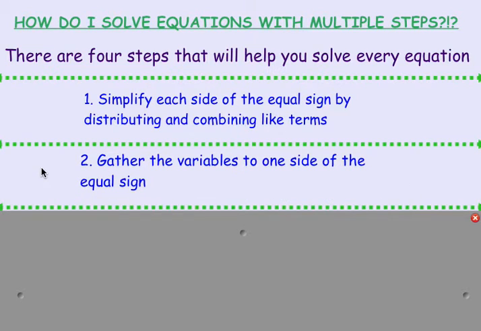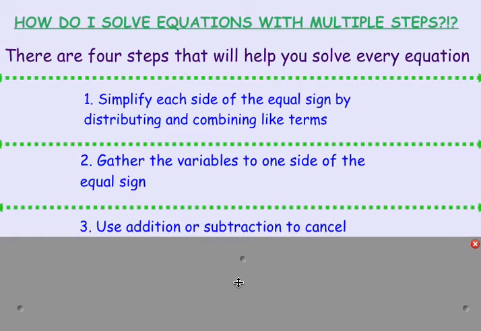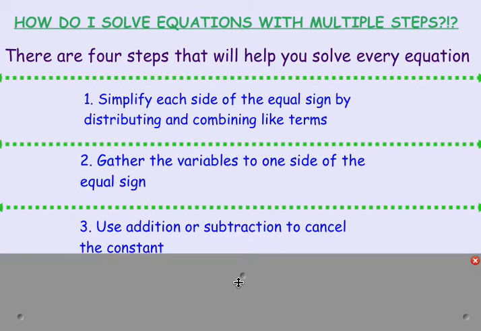The next one would be to gather variables to one side of the equal sign. So if I have x's on both sides, I need to pick a side and do the opposite operation to get that other x over to the other side. The next thing we're going to do is use addition or subtraction to cancel out the constant. Now I can talk a lot faster than you can write, so feel free to pause the video if you need to. When I talk about the constant, I'm talking about the thing that's just a number.